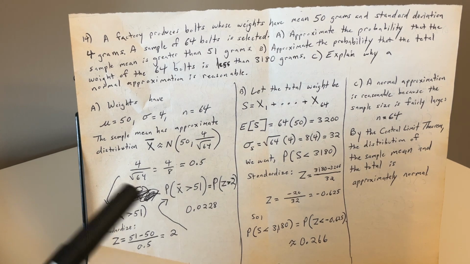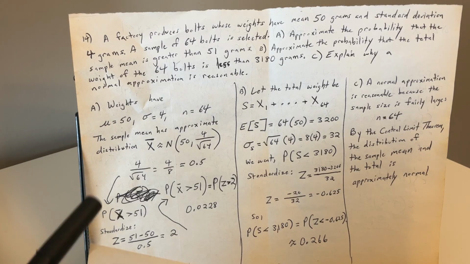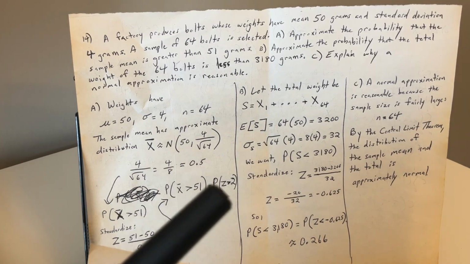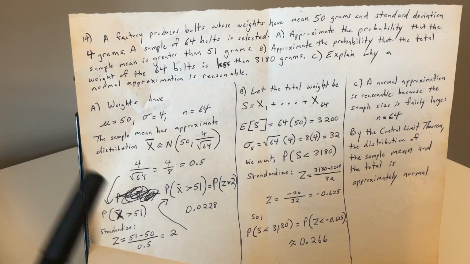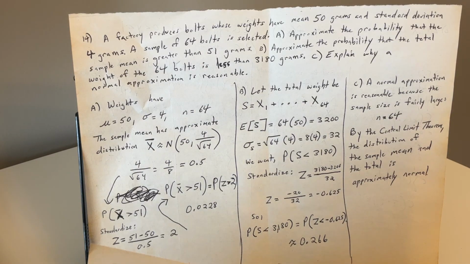We standardize: Z is 51 minus 50 over 0.5, which equals 2. These are textbook formulas from a standard probability course. Basically, we get 0.0228.